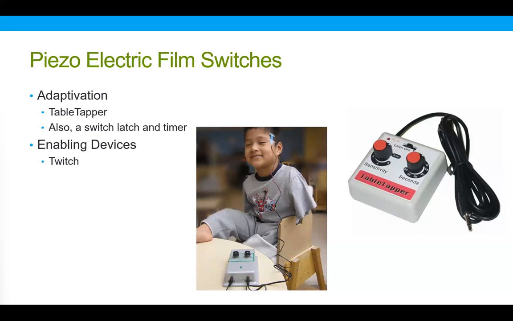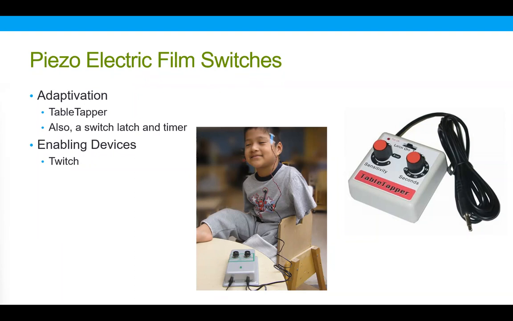You tap the table next to this box and that vibrates that piece of film inside. That's what provides this activation. Now, because a tap next to this box is required, it's not quite as sensitive. There is a sensitivity dial here you can see, but you'd have to see if this worked with someone who had a very significant muscle weakness or not.